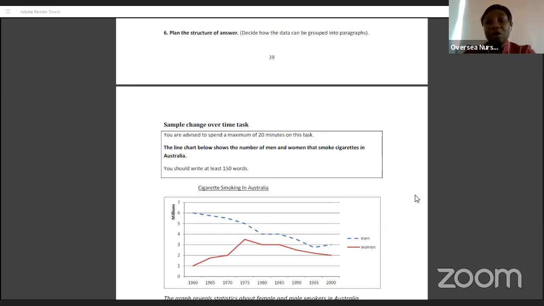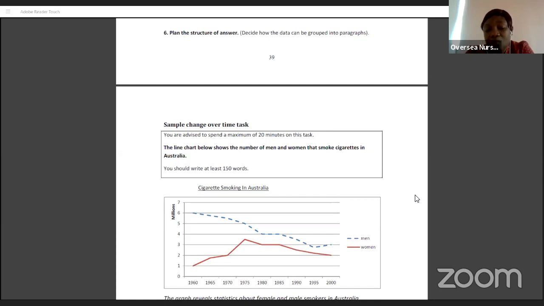Okay, so when I was discussing this with us last week, I did mention that there are some words that are associated with every task that you are given. Those were the words I just used in the description of this graph. They just wanted me to explain what the graph is about. I have just explained that this is a graph showing men and women that smoked in Australia from 1960 to the year 2000.